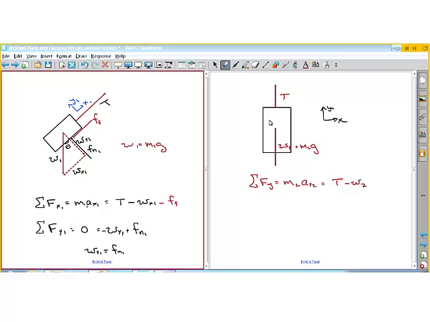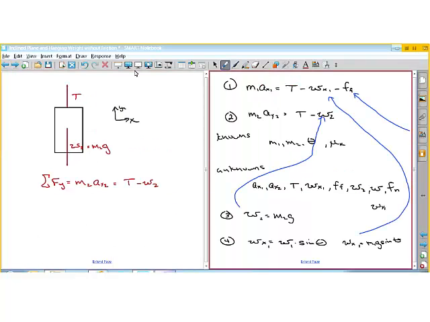You do the free body diagrams for both the masses. The connection is the tension and the acceleration. When we do Newton's second law, we end up with two equations, but usually a lot of unknowns. So then we have to see what we don't know and then use things such as the weight is equal to the mass times g, that the x and y components on a plane are the weight times the sine of theta and weight times cosine of theta.